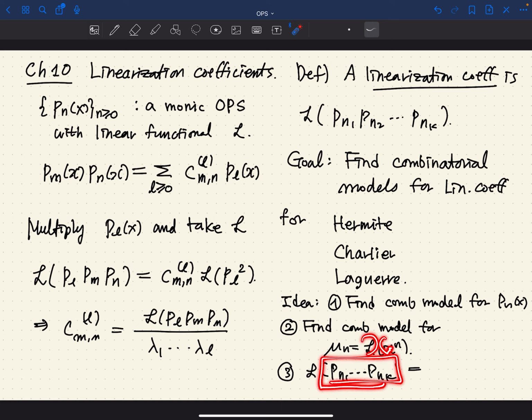If you collect all the x's and then apply L to it, it gives us this moment, which we also have a combinatorial model for. So at the end, we have everything explained completely combinatorially, and there are many cancellations. The next step is to find the sign-reversing involution and get only the terms that we want. At the end, we will get very nice combinatorial models for all of these.